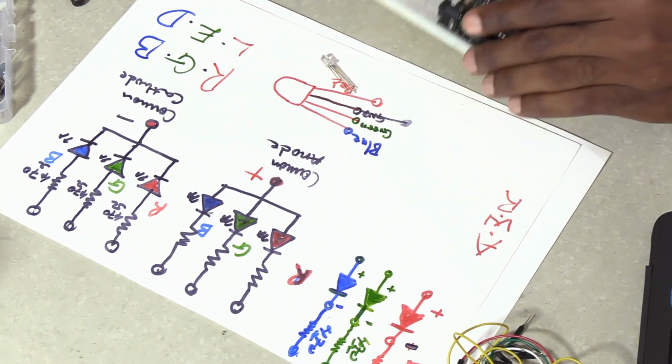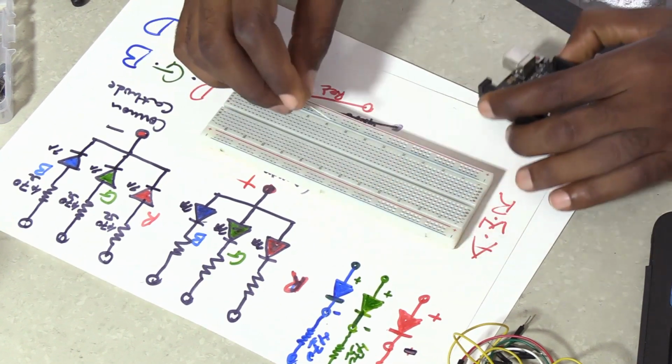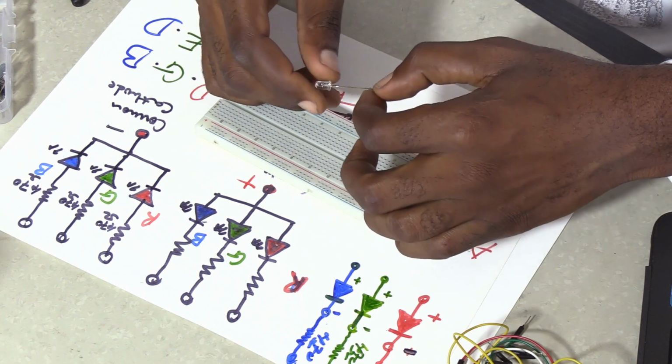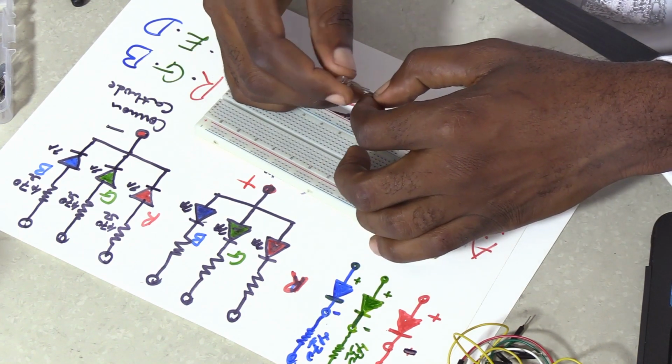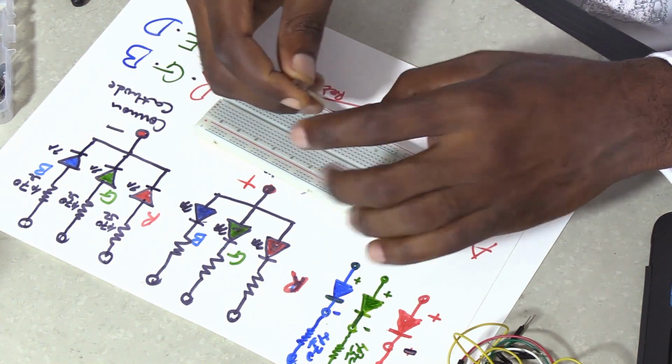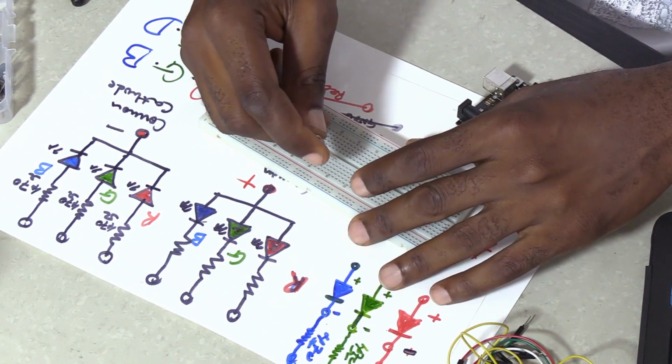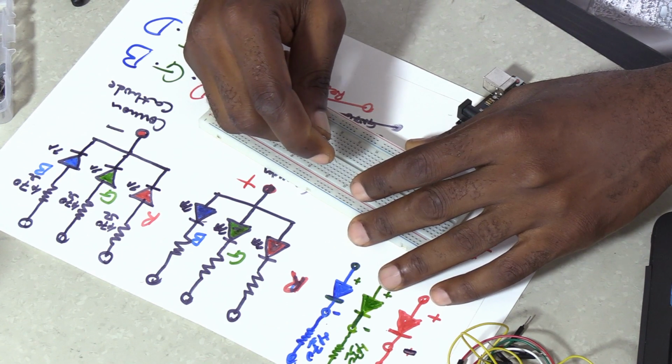You see how I hooked them up. Just like I told you, the longer leg should be my ground. From my left hand side, I have my first leg, which is red. So I'm going to hook it up.